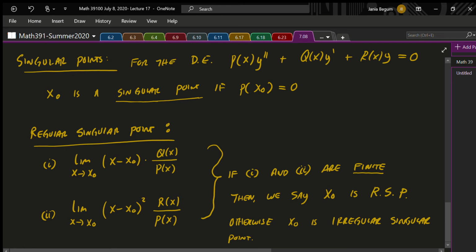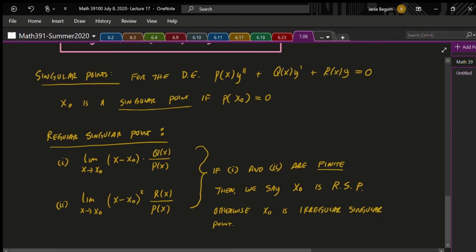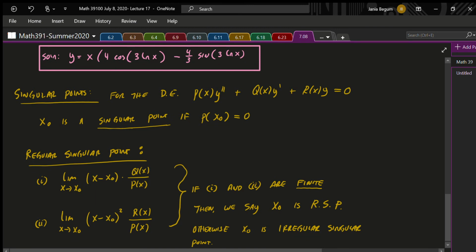Okay. So now I will show you an illustration of where these functions are really coming from. Okay. So we're gonna tie this with the Euler equation that we worked with earlier. So suppose we take this equation right here. Let's call this equation 1.